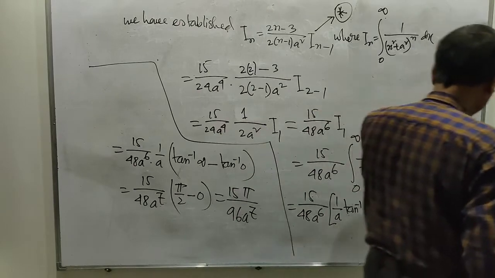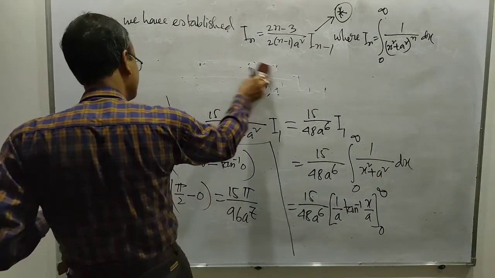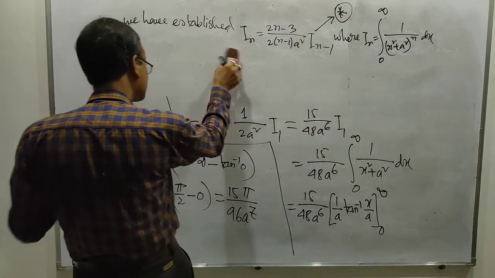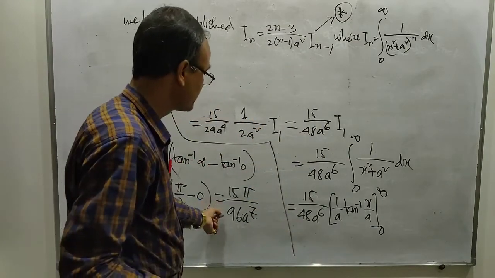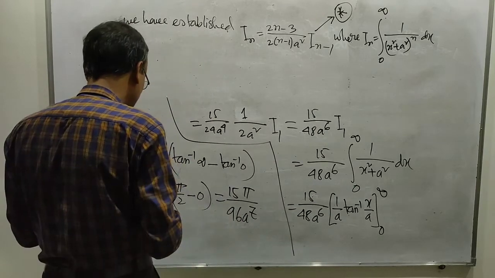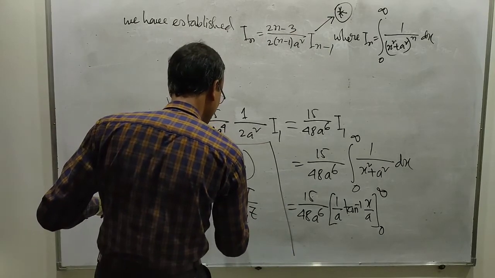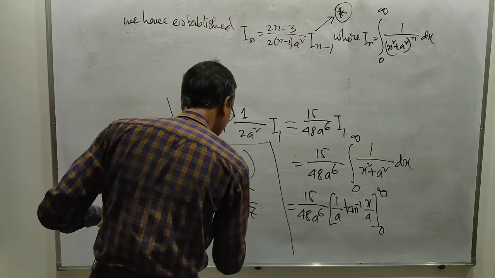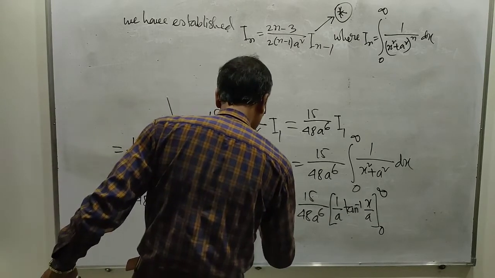In an alternative way, applying the reduction formula, we have 5 pi by 32.